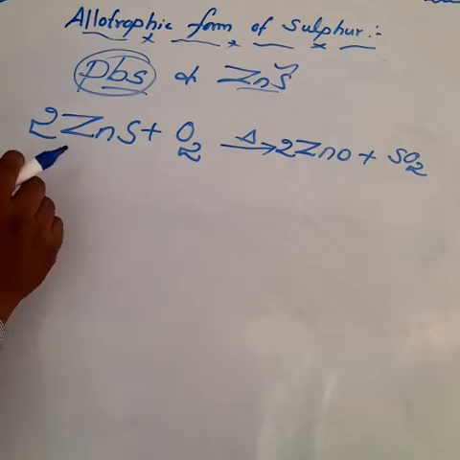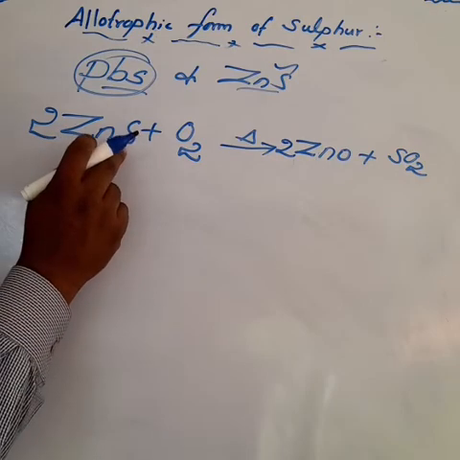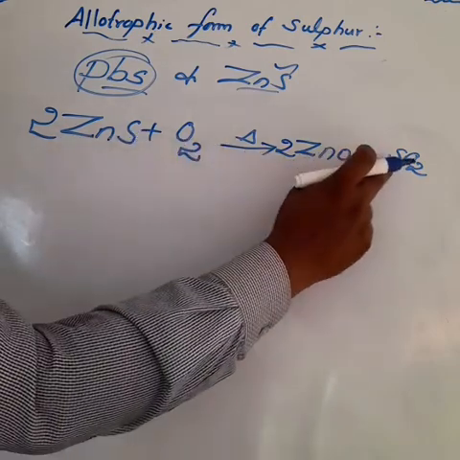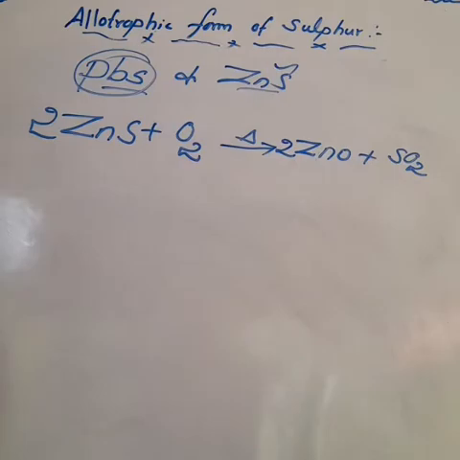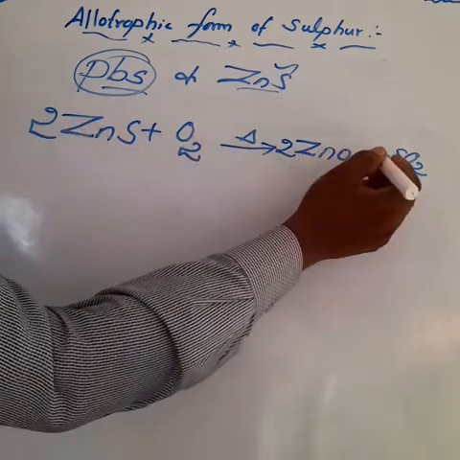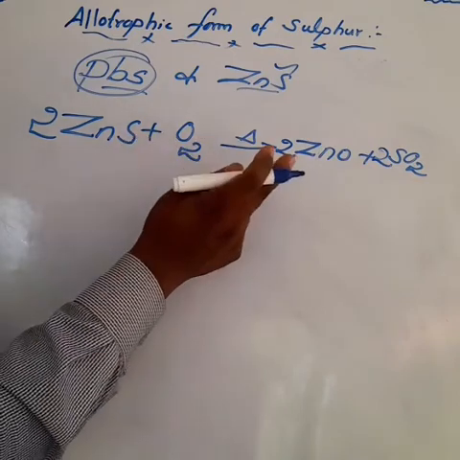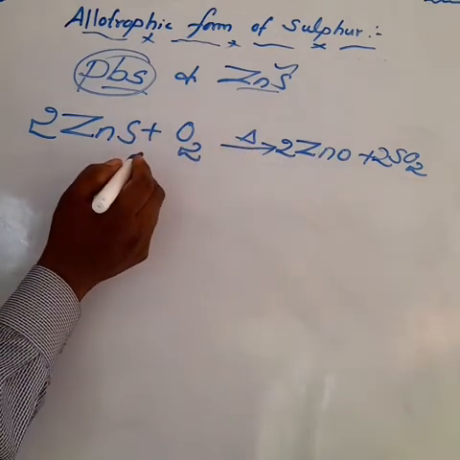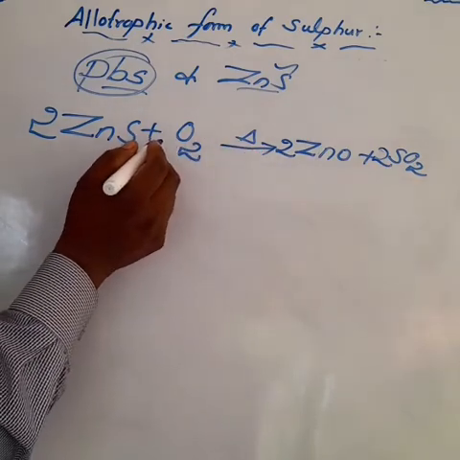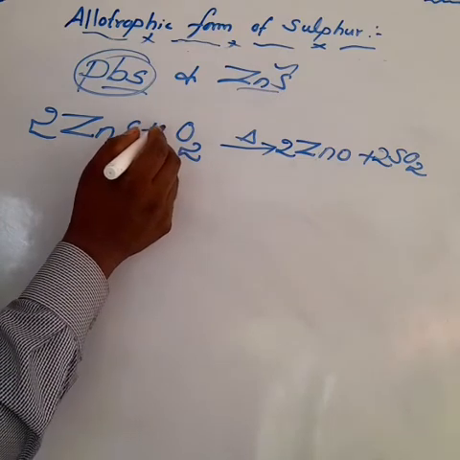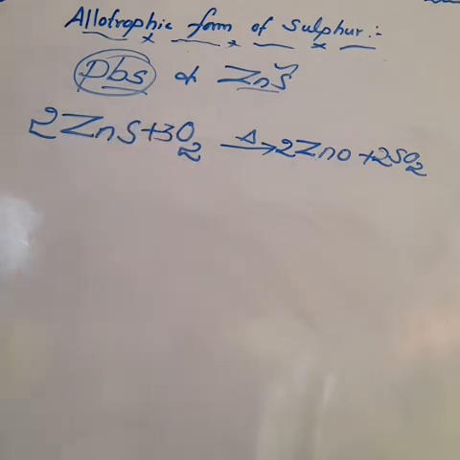Next you count the sulfur dioxide. Reactant side has 2 sulfur, so make the product side 2 SO2. So now we count the oxygen. Product side 2 into 2 is equal to 4, 4 plus 2 is equal to 6. So make it 3 O2. Am I right?